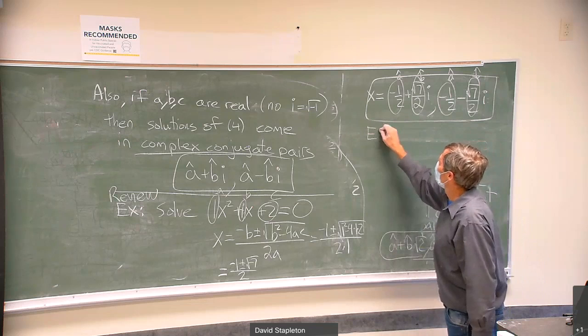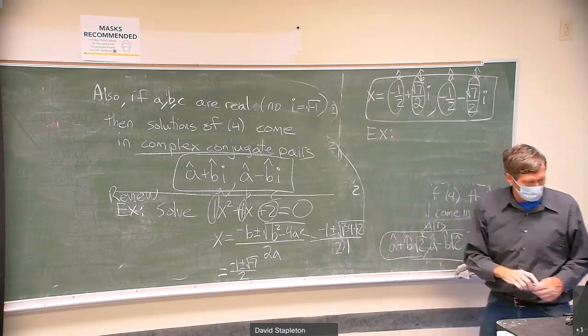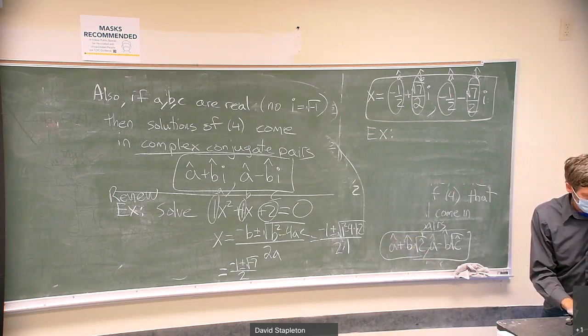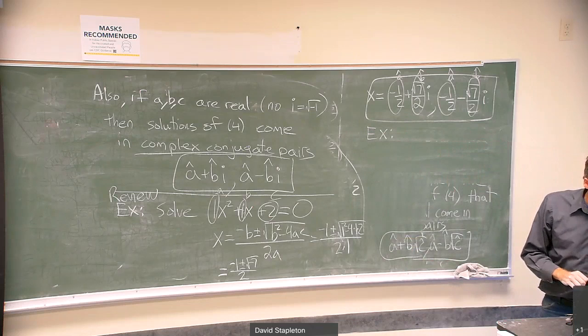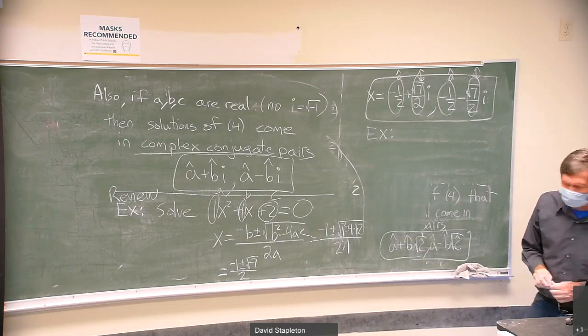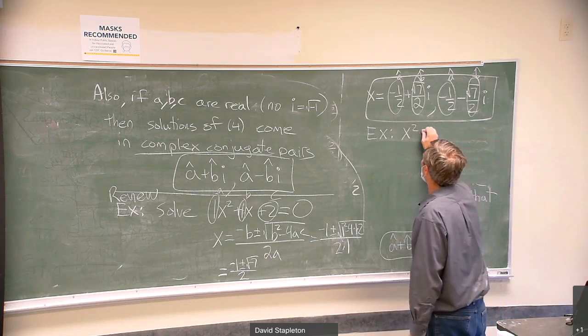Here's another example. We should do the one off the problem set here. Again, I'm doing review problems here. Suppose I gave you x squared plus 2x plus 5 equals 0 to solve on the test.